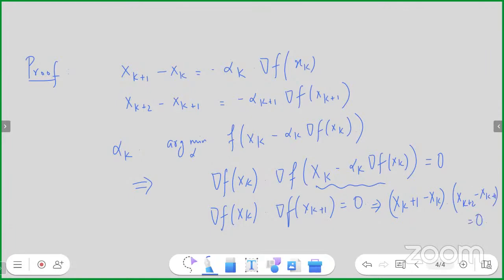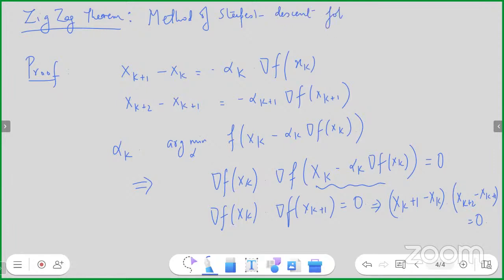So what is the theorem statement? This is called the ZigZag theorem. There are many ways to write it. The method of steepest descent follows the zigzag path, slightly lower, towards x star.